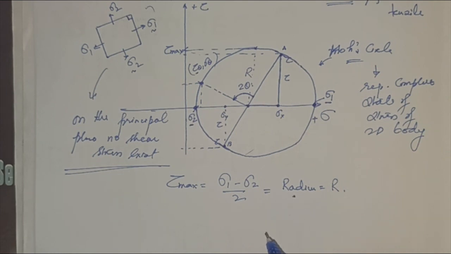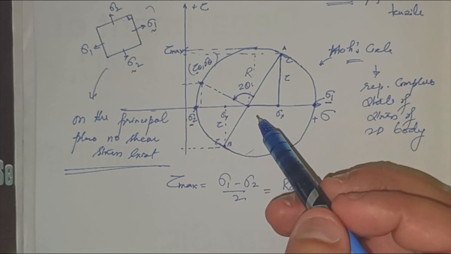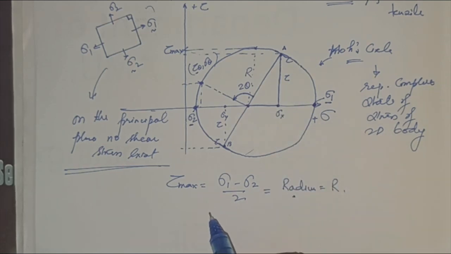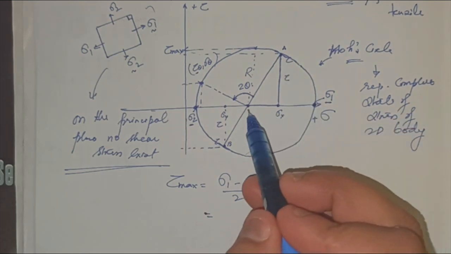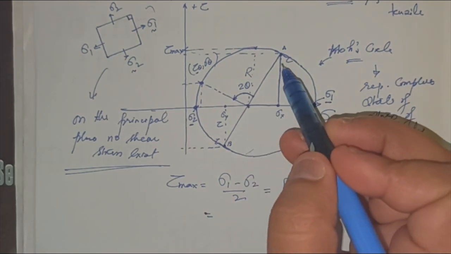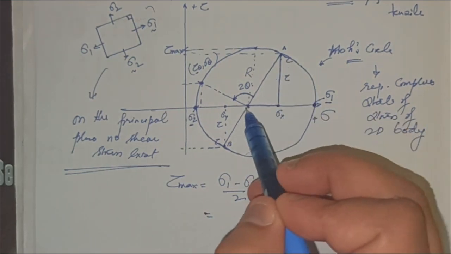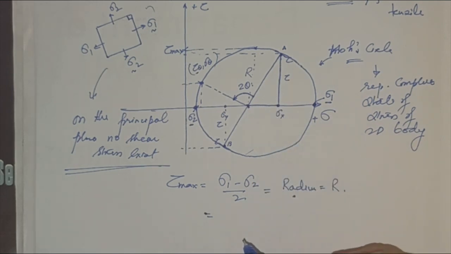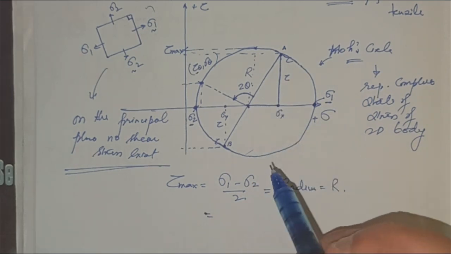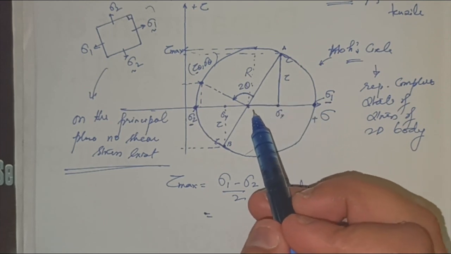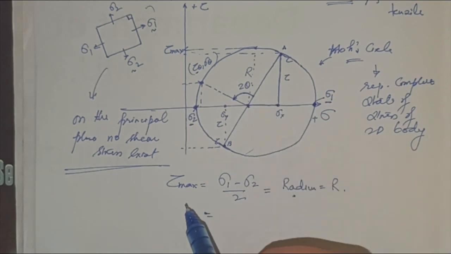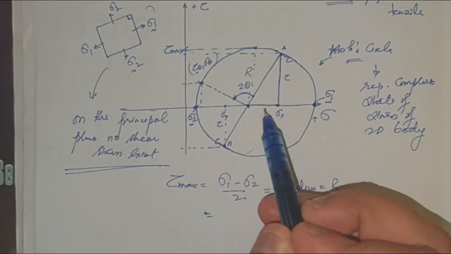So tau max is, by the Pythagoras theorem, equal to the square root of the square of the perpendicular and the square of the base. So what will be this value?